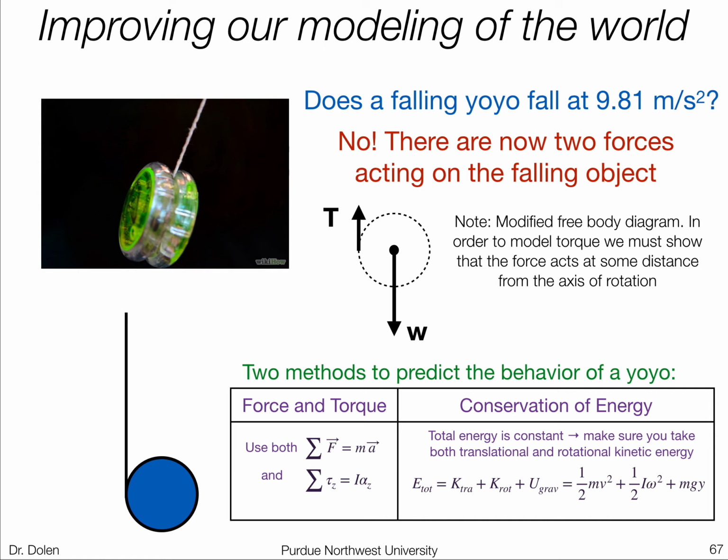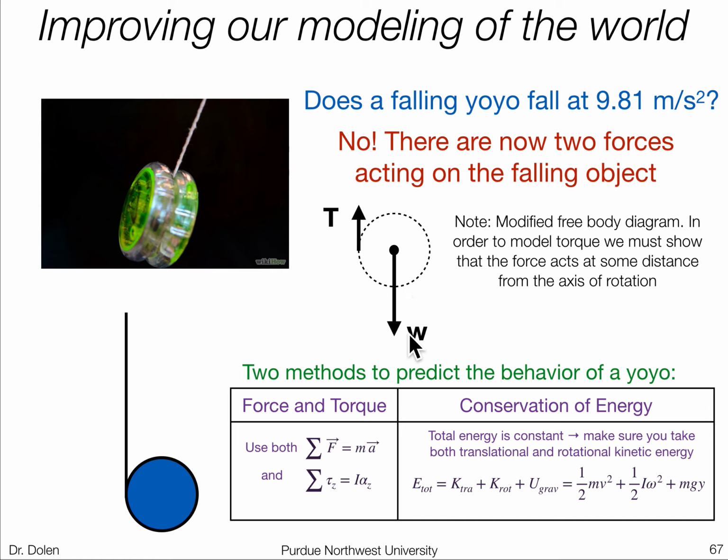So if we want to talk about this using force and torque, right, we can model the yo-yo just as a disc with a string attached to it. And to understand its motion, I could use both F equals ma and our rotational Newton's second law, torque is equal to moment of inertia times angular acceleration. So to do this, I'd have to draw my kind of modified free body diagram where I draw a dot to represent the center of mass of the yo-yo.